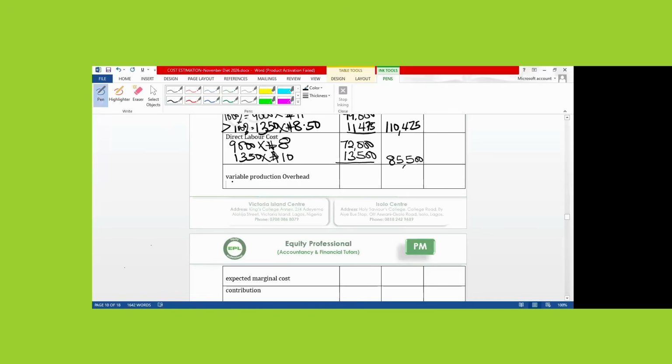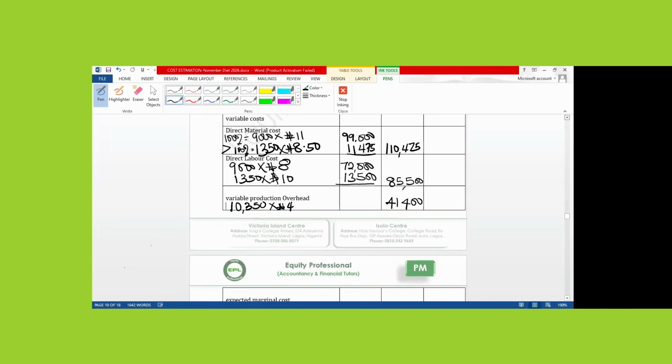Variable overhead per unit is 4 naira. That is 41,400. You have gotten your variable cost.